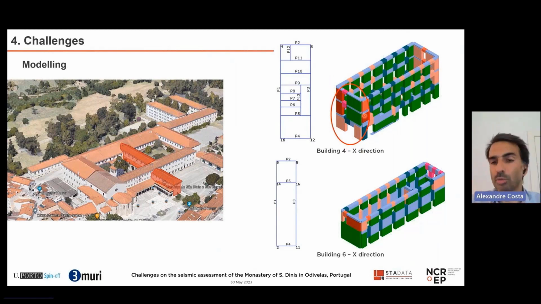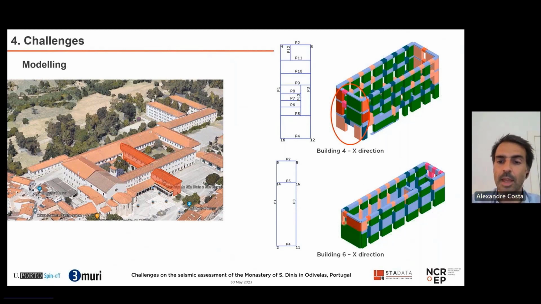Even in the model configuration, you have just translation, so you are not connecting this building to that building. So the problems probably are not going to be in this wall. We also tried to model with some local supports, also starting to model the remaining walls, but then we started losing the perception of the model and how the building behaves under seismic action.